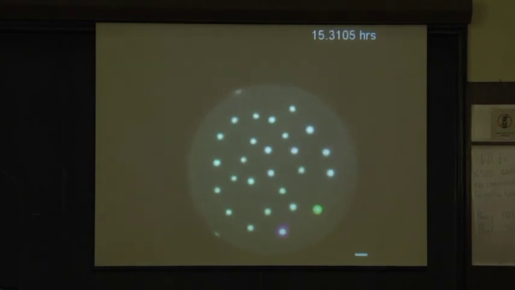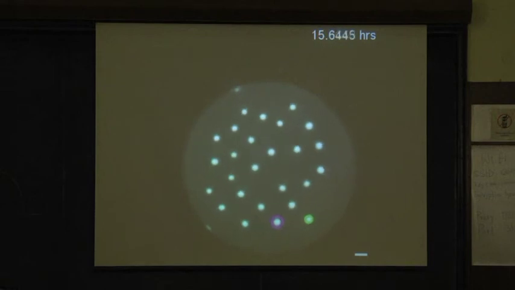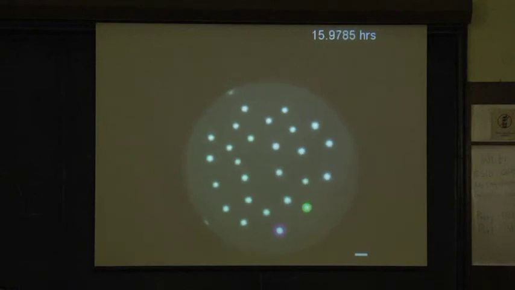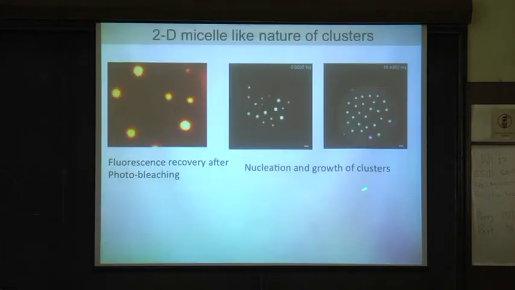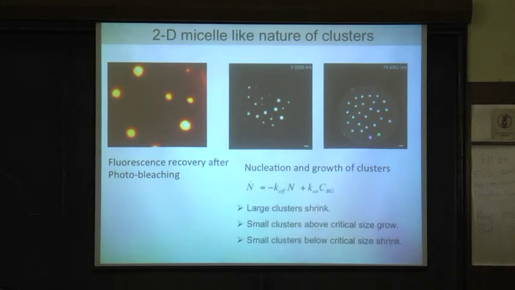So by quantitatively analyzing these two sets of experiments, this is what we started off with, and this is what we ended up with, right? So there's a remarkable recovery here, and by quantitative analysis, there are two rates associated with the system: the rates at which rods come off of the clusters, and the rates at which rods hop onto the cluster.